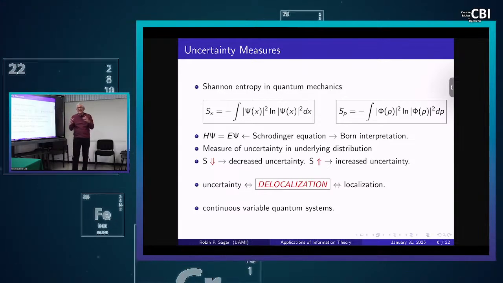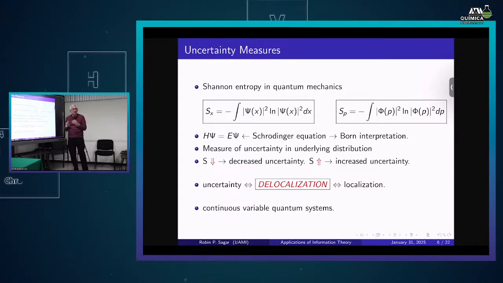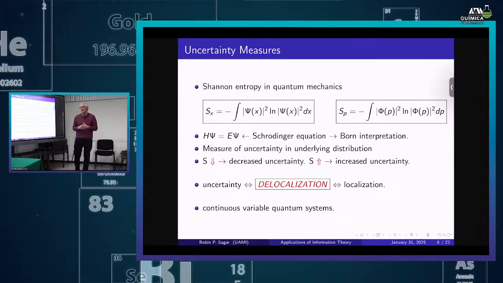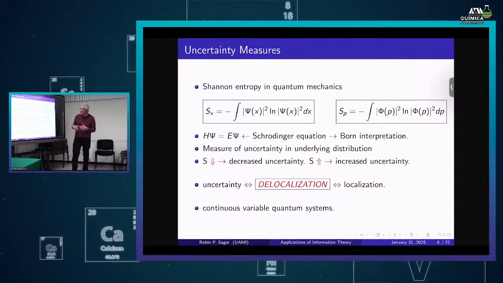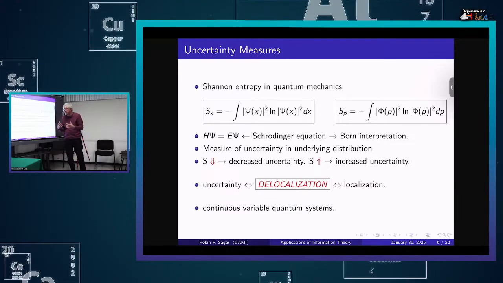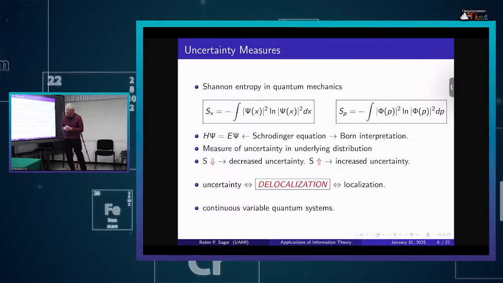Now, in chemical terms, every chemist knows that there are a lot of processes that chemists are very interested in when delocalization occurs. So if you have a measure that can measure the extent of delocalization, it's very interesting from a chemical point of view.